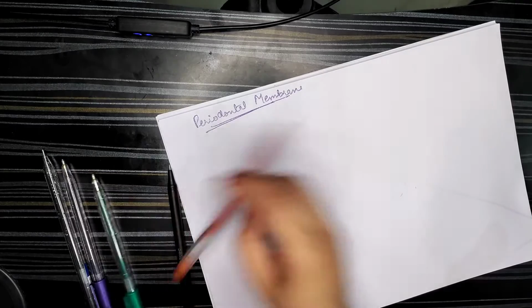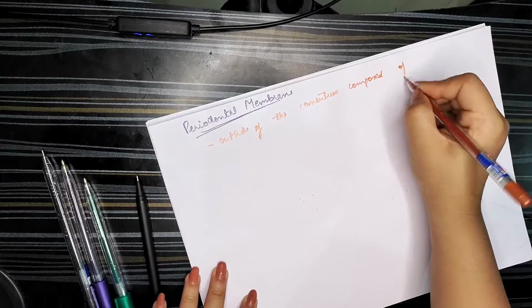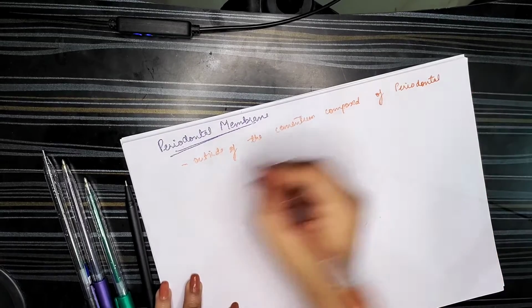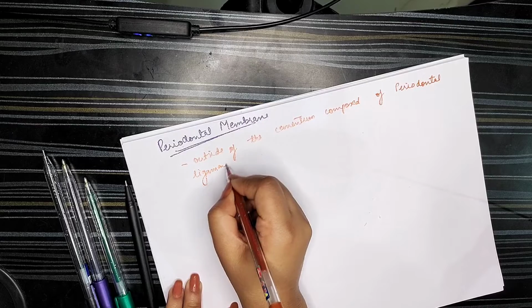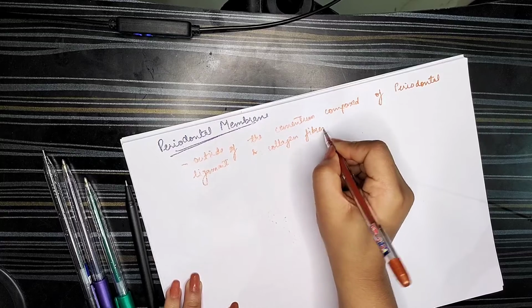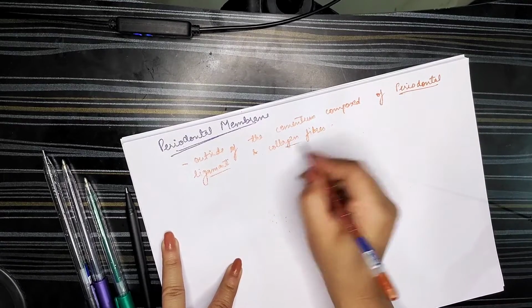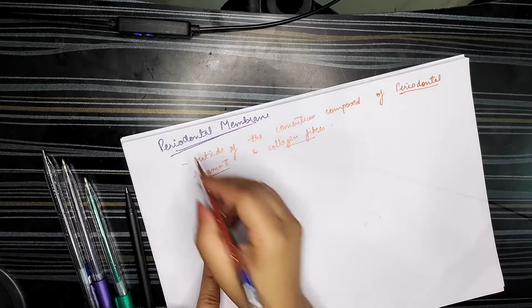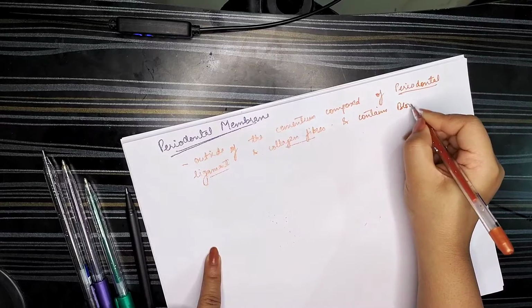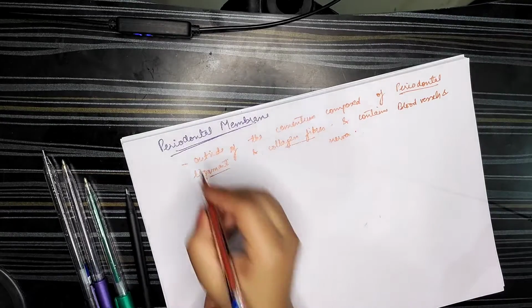Outside the cementum, it is composed of periodontal ligament and collagen fibers, and contains blood vessels and nerves.